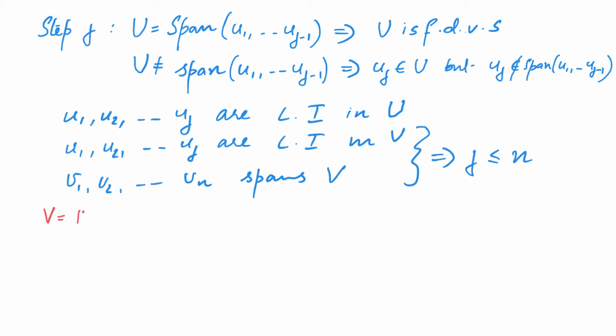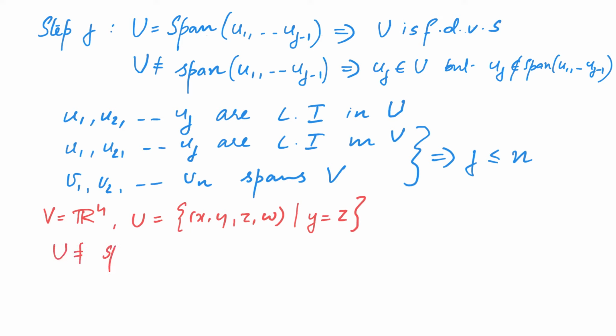Recall that in the example, V was R4 and U was the set of all (x, y, z, w) such that y is equal to z. And we saw already that U is not equal to the span of (0, 1, 1, 0) and (1, 0, 0, 0).